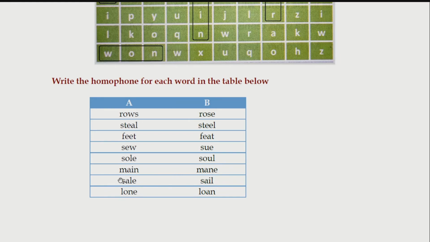Next one, SALE. You also know the meaning of sale, where some things are being sold. SAIL means terna. Or you can also say that particular piece of cloth which is attached in a ship or a boat, which helps it to move forward, that is known as a sail.